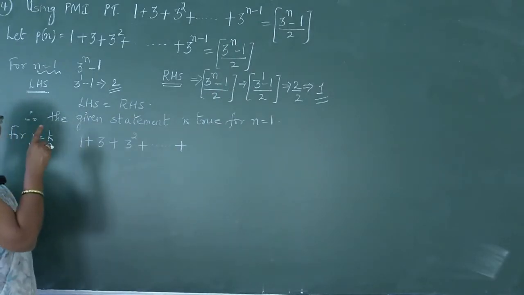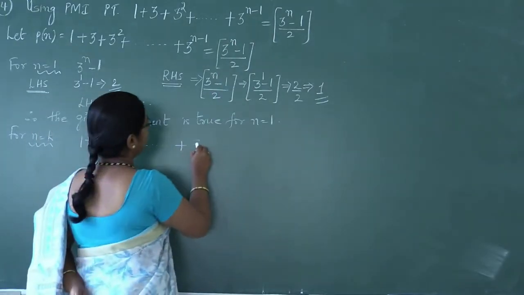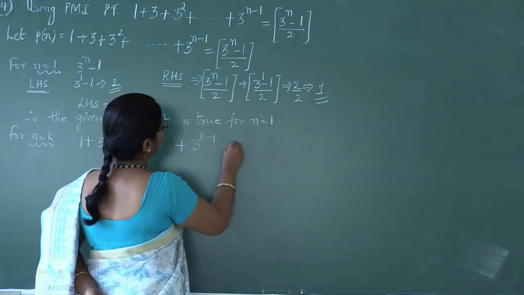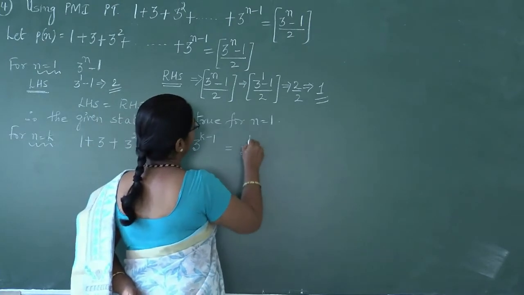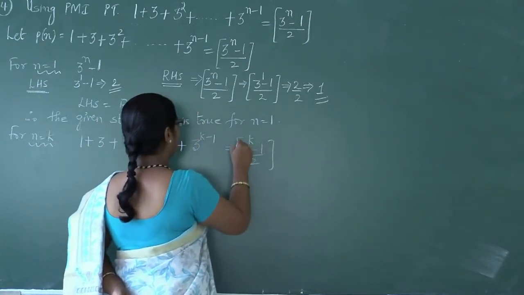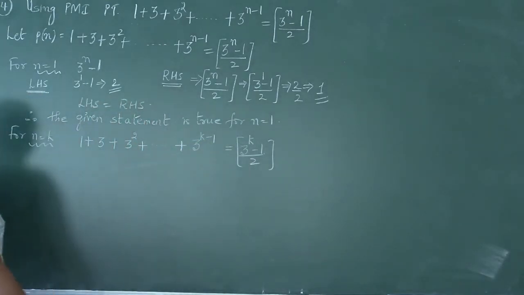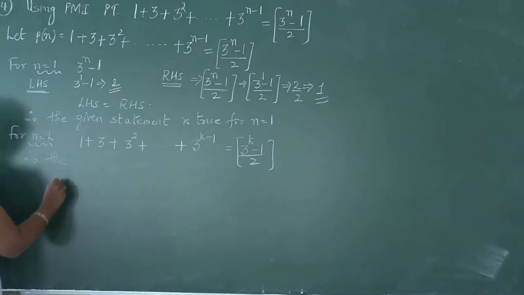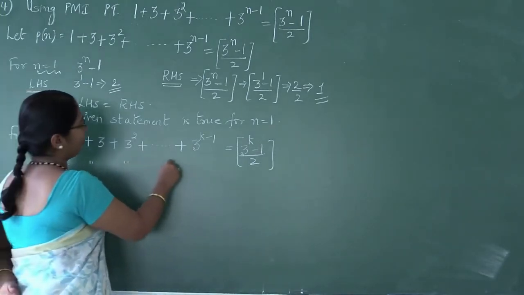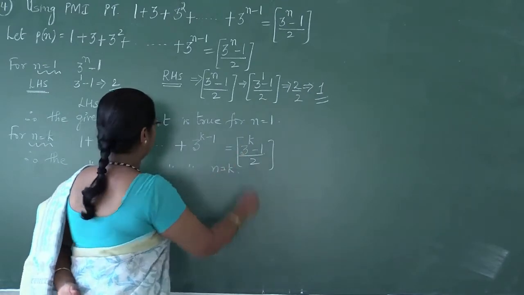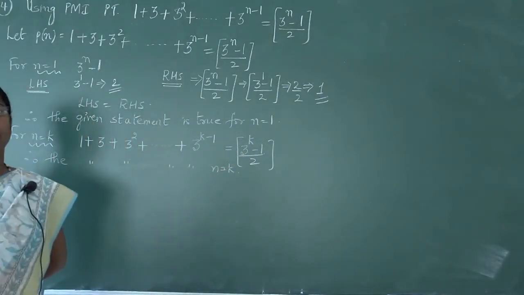So in place of n, what do we write? k. So this is 3 power k minus 1, equal to (3 power k minus 1) divided by 2. What is the conclusion we write here? Therefore, the given statement is true for n equal to k.